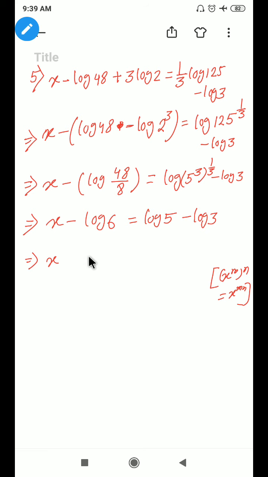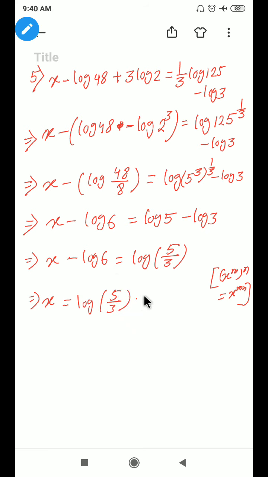Now x minus log 6 is equal to, this is subtraction so that will be division, 5 by 3, and if this log 6 goes to that side, this will be plus, so log 5 by 3 plus log 6, and addition of logarithms will be multiplication.